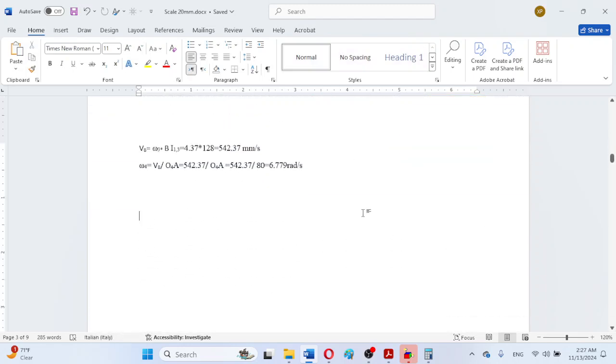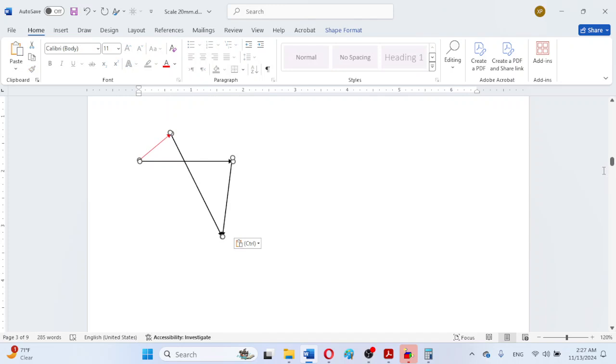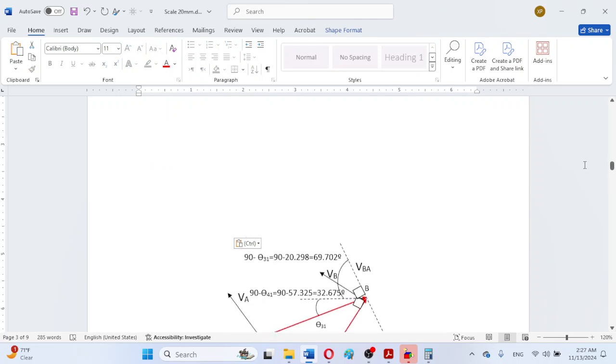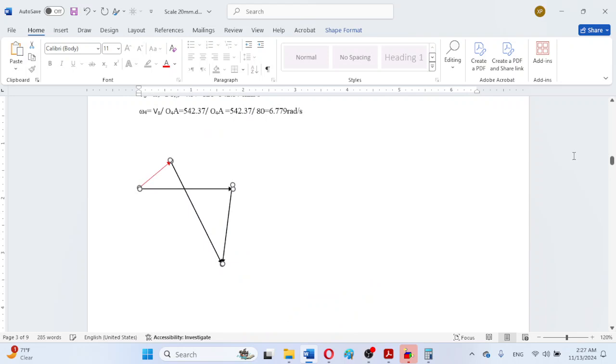We can paste them onto a separate page here like this, and after that we can just move them down or up using the right, left, or up, down arrows, at any suitable location where the instant centers can be calculated with sufficient space and they do not interfere with any other text or diagrams.